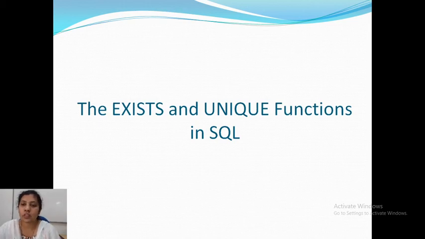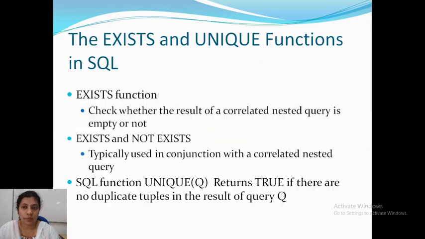Hello everyone. So, the exist and unique functions in SQL. Here, exist and unique are Boolean functions which return true or false, and these functions are used in the where clause.